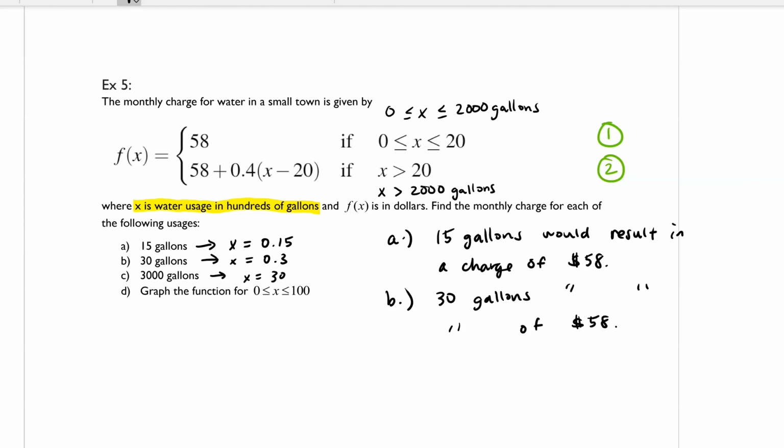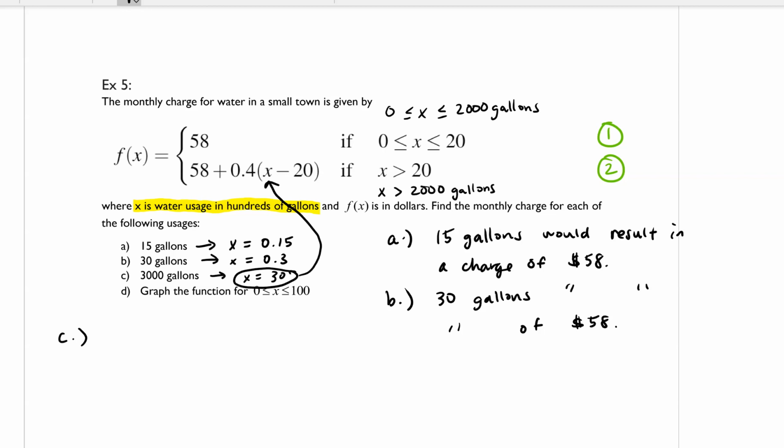Now, we're going to land in a different case when we are using 3,000 gallons. That means we would plug x equals 30 into this second expression, because our x value is greater than 20, which is another way of saying the amount of gallons we're using is greater than 2,000 gallons.